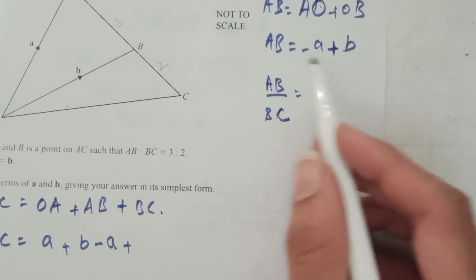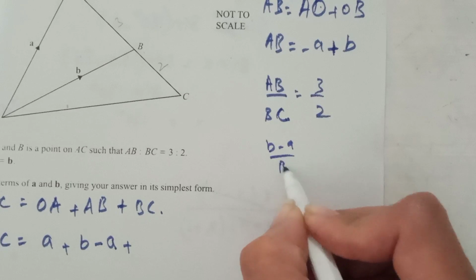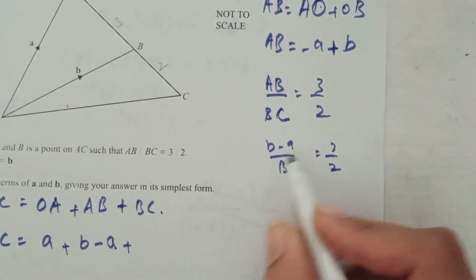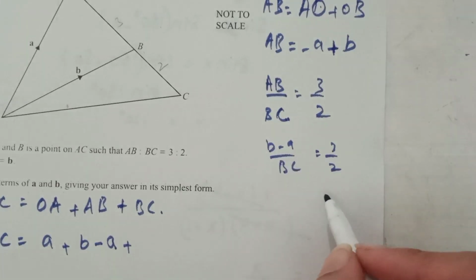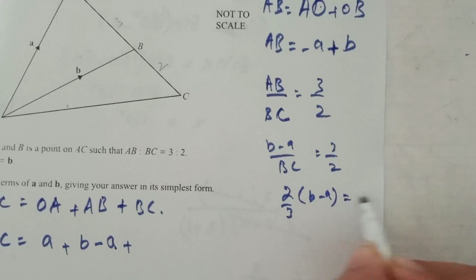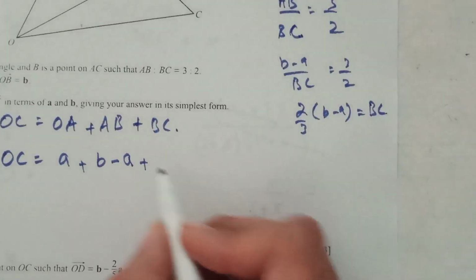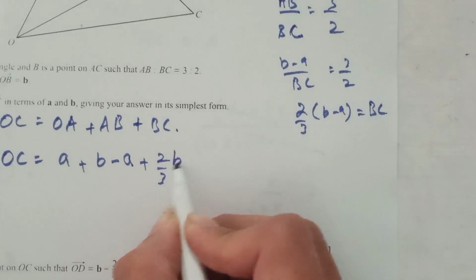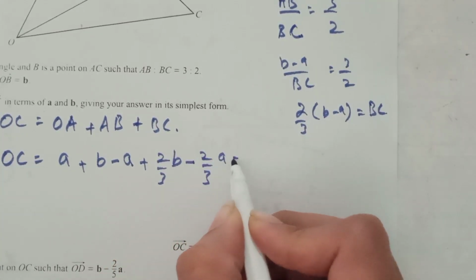We cross multiply, and BC is 2 by 3 b minus 2 by 3 a.